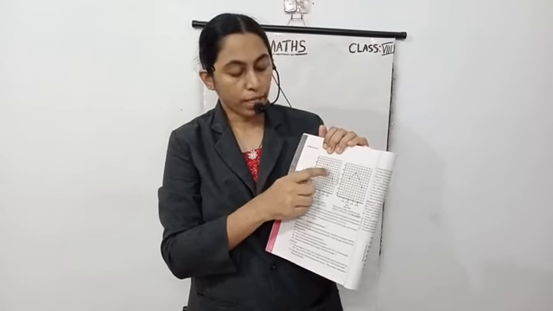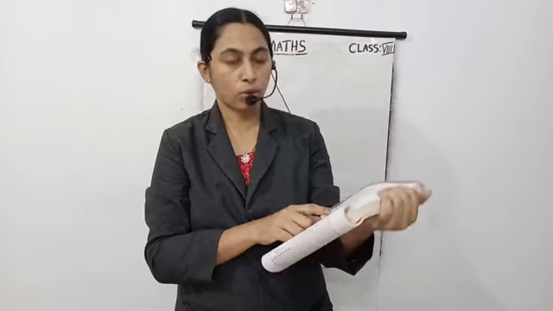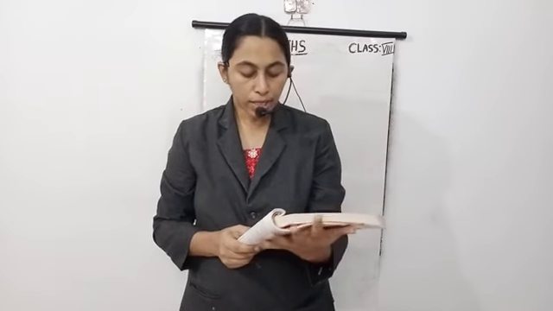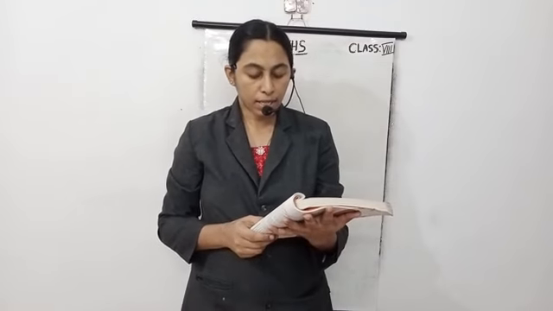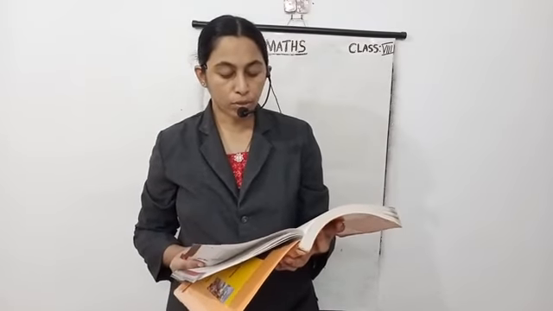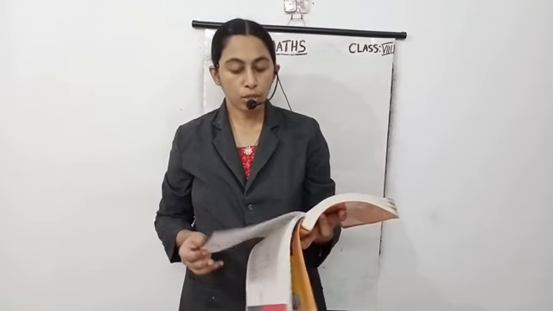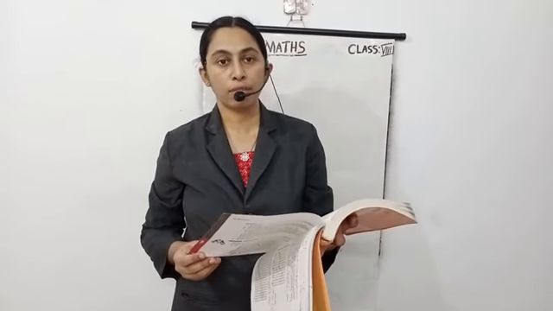Here one point is given. So each data is shown by a point on the square grid. Then the points are connected by line segments. The result is the line graph. Then here two examples are given, example 1 and example 2. These two examples you will read by yourself after this class.